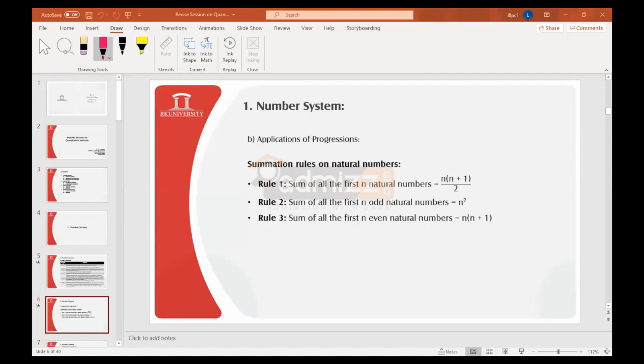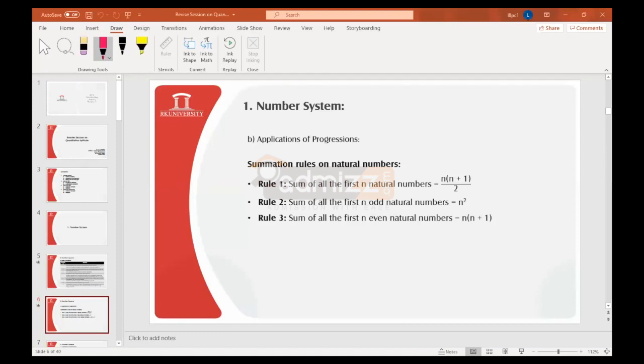In arithmetic progression, if the difference between two consecutive terms is the same, at that time the sequence is in arithmetic progression. Like in this way, suppose 2, 4, 6, 8 up to this sequence.